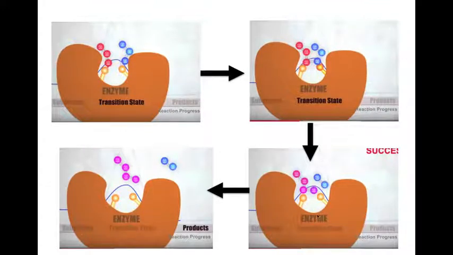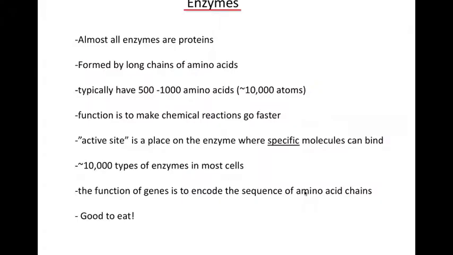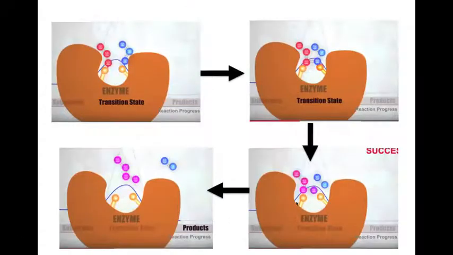And then in the next step, what will happen is that this one is modified and is attached over here, and then the whole thing comes off, and now you've moved one of these molecules over here. So that's what enzymes do.